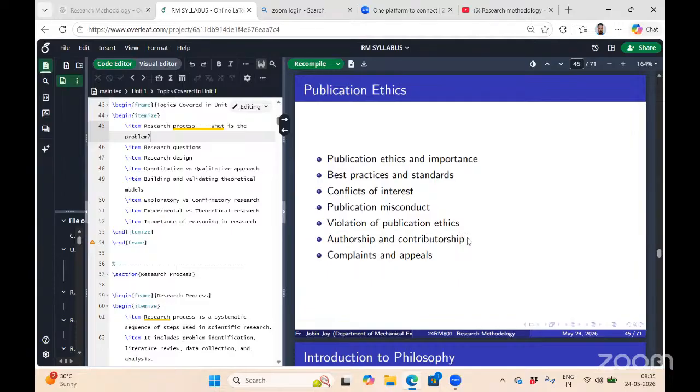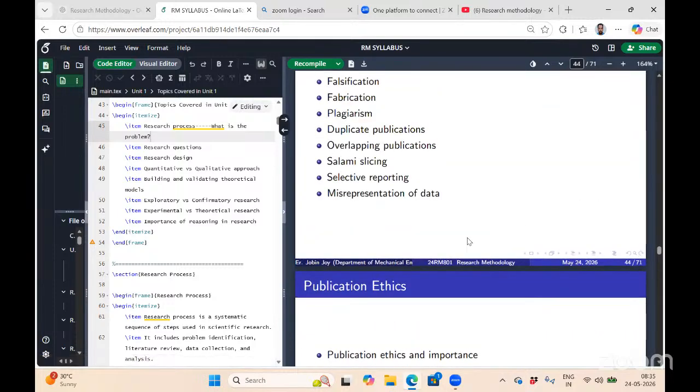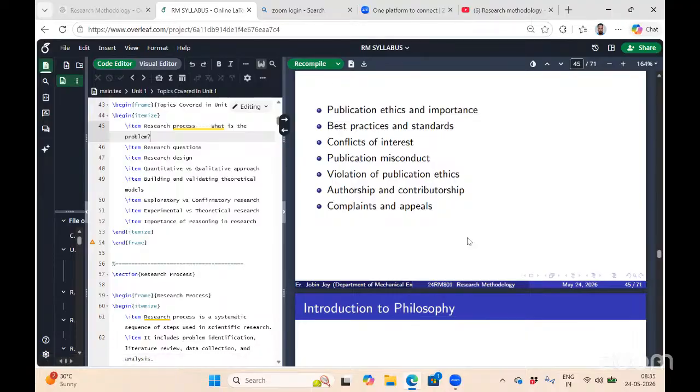Publication misconduct or scientific misconduct, I have already explained. These are the unethical practices in research publication, such as plagiarism, fabrication, falsification, duplicate publication, overlapping publication, salami slicing, misrepresentation of data, selective reporting. These are the publication misconduct that will damage the scientific reputation.